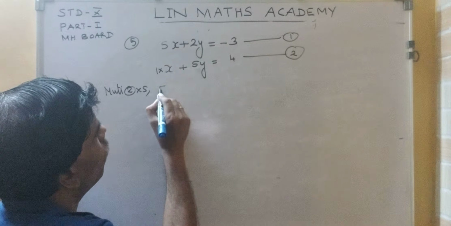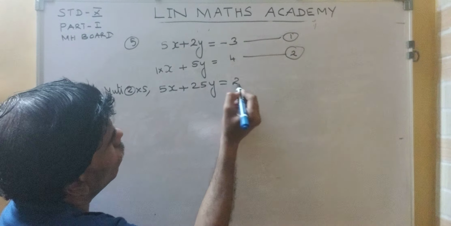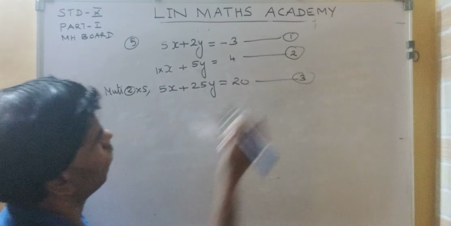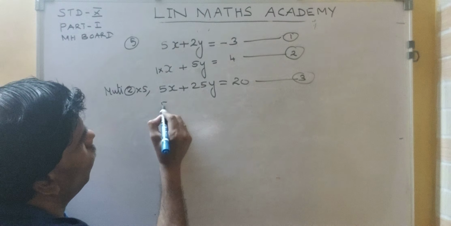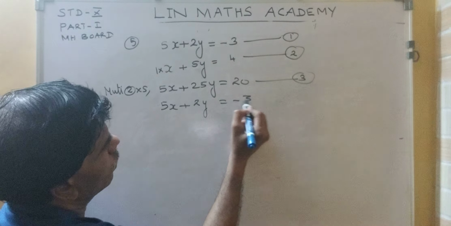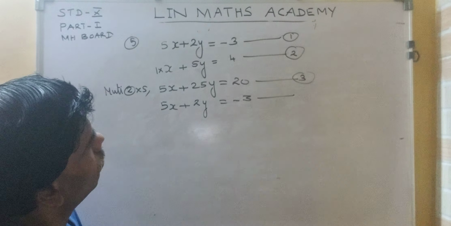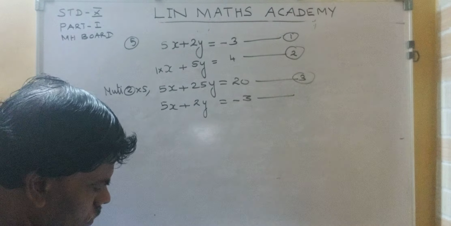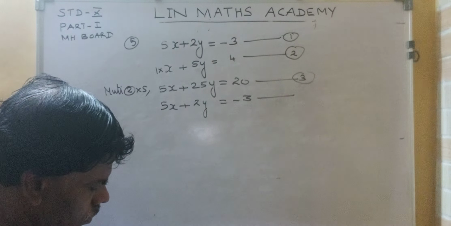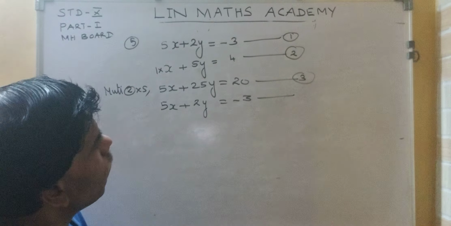So what will happen? 5x plus 25y equal to 20. Another one, first equation, 5x plus 2y is equal to minus 3. Okay.